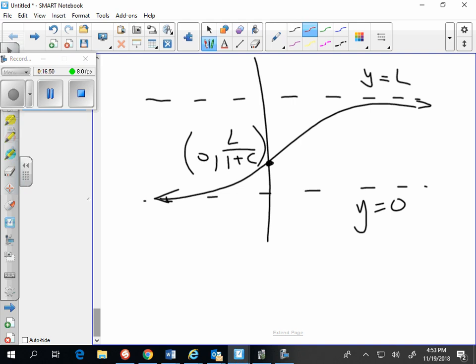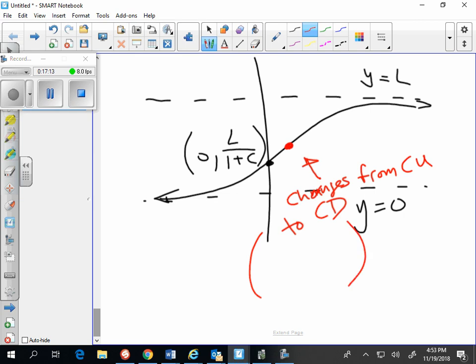Now, this point is where the graph changes from concave up to concave down. Here I'm concave up, and then after that point I'm concave down. And it turns out what I can tell you is that the y value of that point is always L over 2. Well, that's kind of interesting. So how do I find this x value?